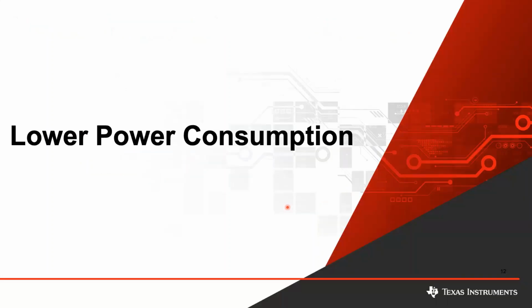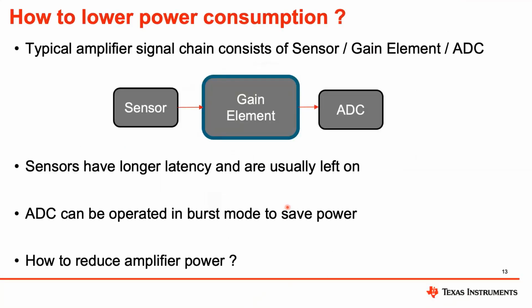So we talked about the high output current scenarios and applications. Now we'll talk about how to lower your power consumption with the OPA310. So let's look at a typical amplifier signal chain. It's going to have a sensor, gain element, and an ADC.